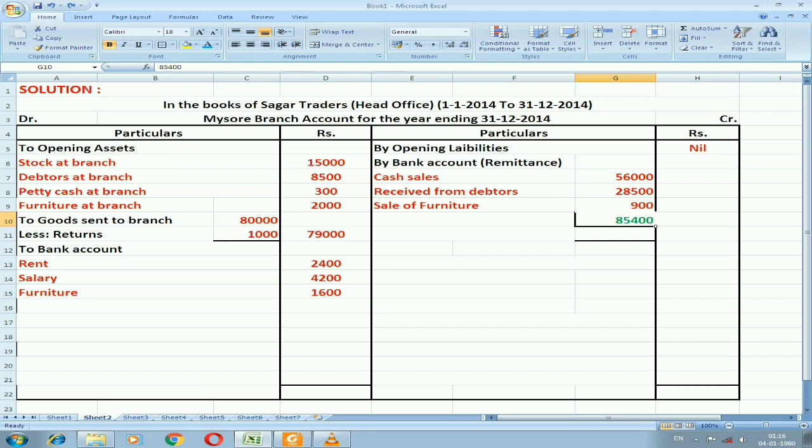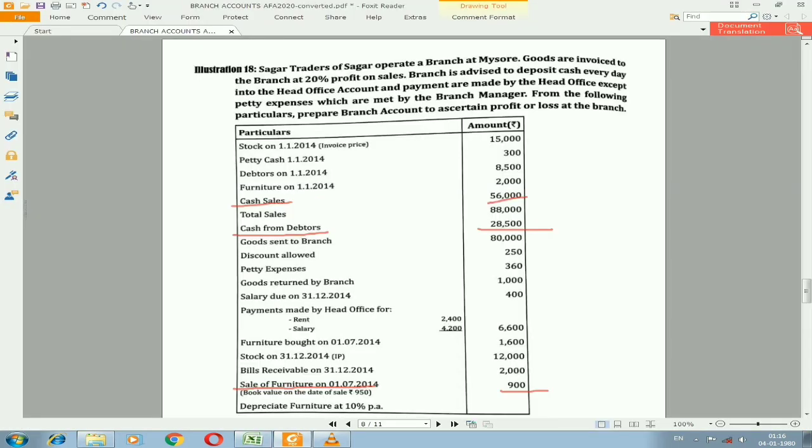Now we need to deduct any expenditure which is not given by the head office. As I told you, petty expenses they are not giving. They had a petty cash balance in the starting itself of 300, but they have spent petty expenses of 360. So 60 rupees is extra. That extra money needs to be deducted from the total income they have collected.